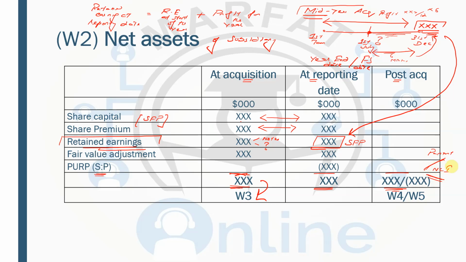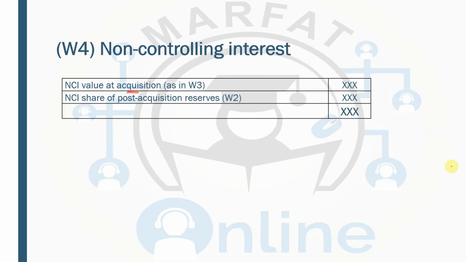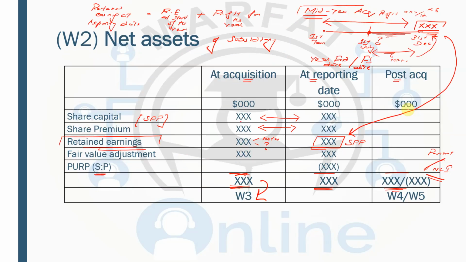It will be shared between the parent and the non-controlling interest. So whatever the figure of the NCI share of post-acquisition reserve is, we are going to add it over here. And this will give you the total NCI figure, which we are going to take in the consolidated statement of financial position. And I have told you that it is being recorded between the equity and the liabilities.